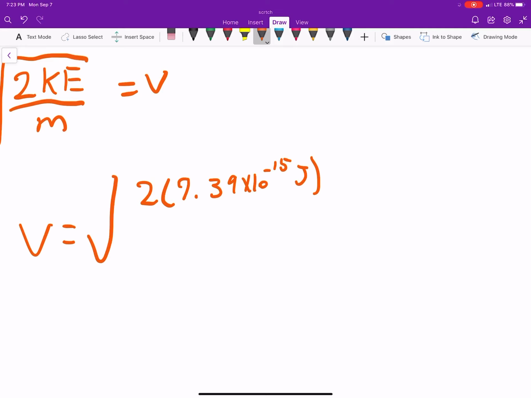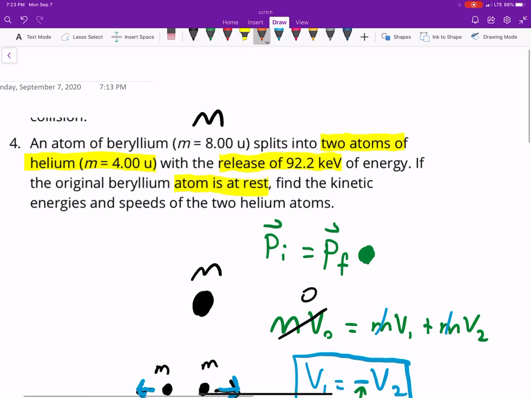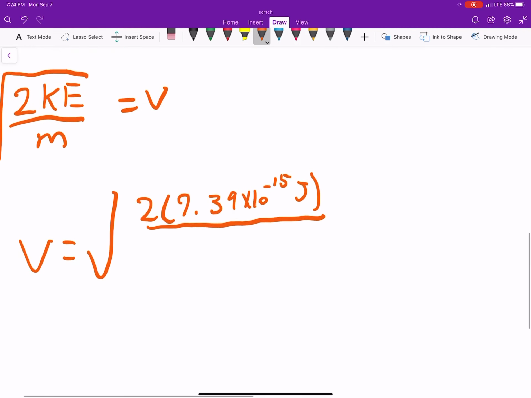Divided by the mass. What's the mass? It's 4u. I don't know that off the top of my head, so let's just see. U to kilograms. Okay.